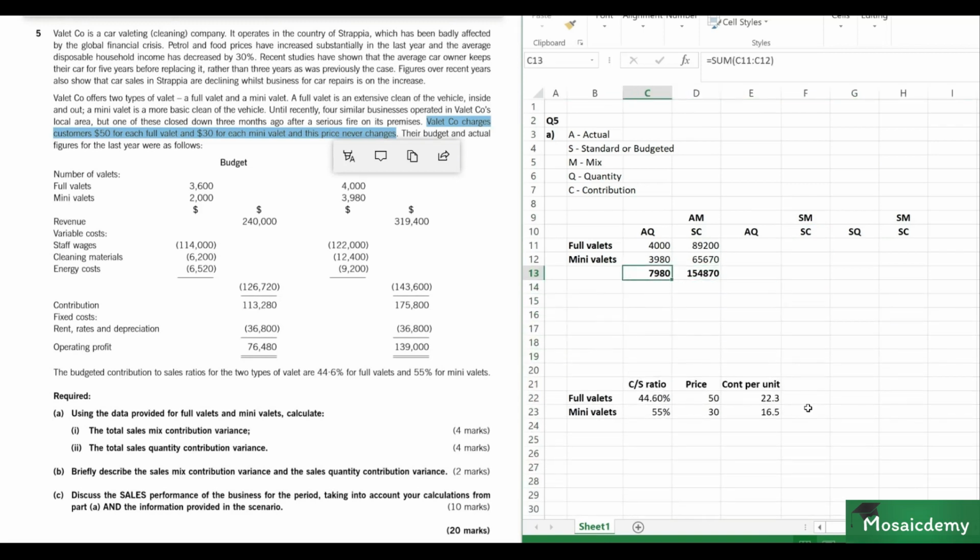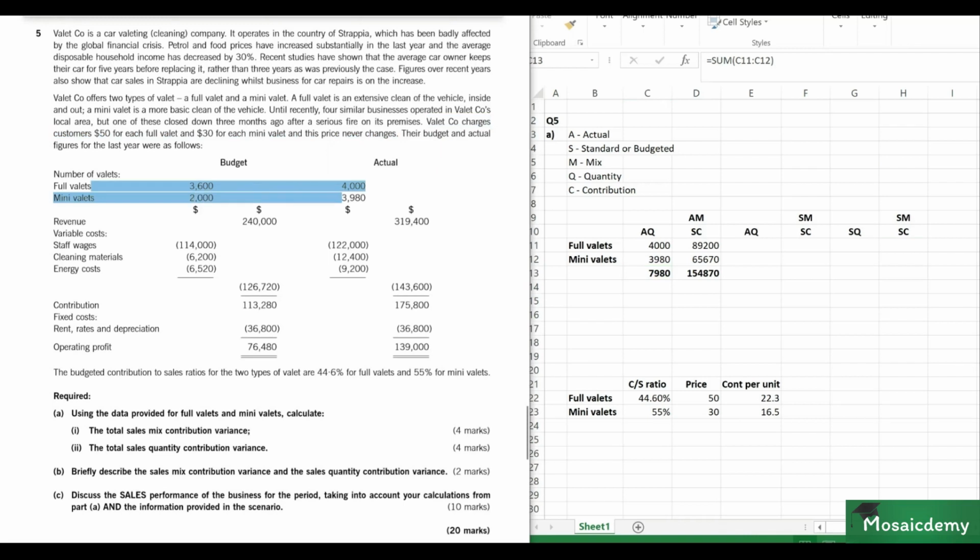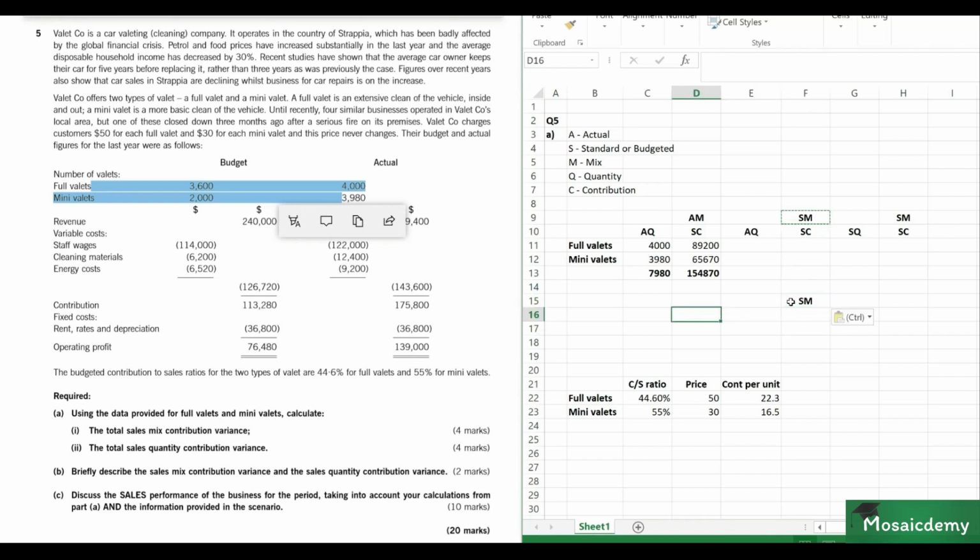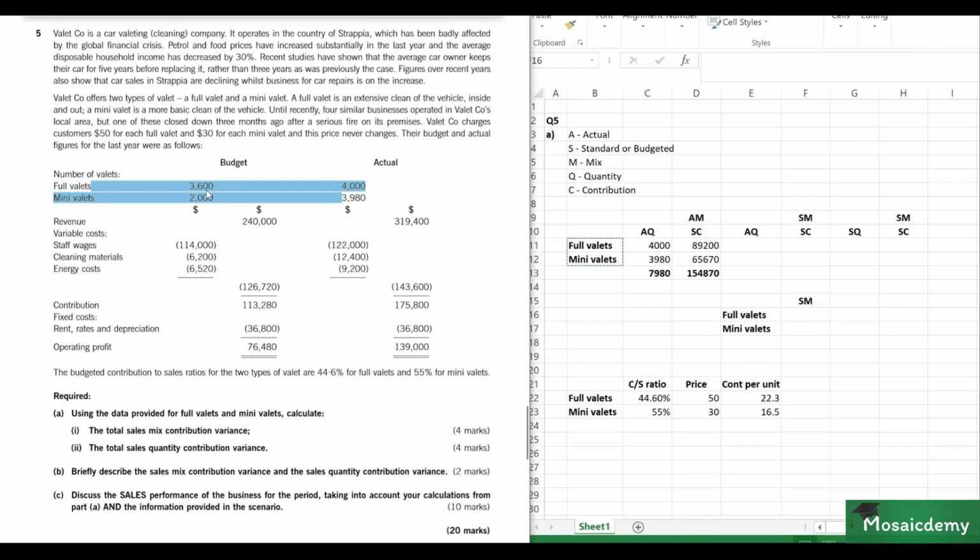So basically we made 7,980 units. Had we stuck to the standard budgeted mix, we should have made a certain percentage of these as full valets and a certain percentage as mini valets. So what's the standard mix? The standard mix in our question is, so we have full valets and mini valets, that we should have 3,600 full valets and 2,000 mini valets.